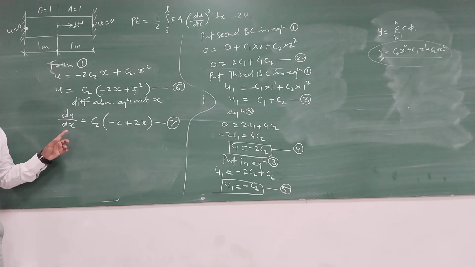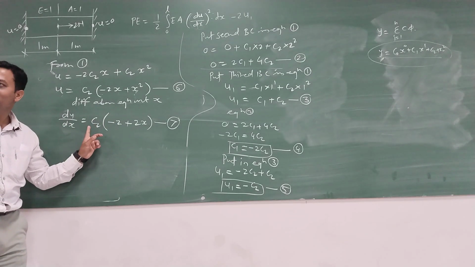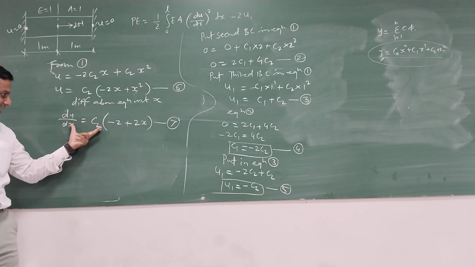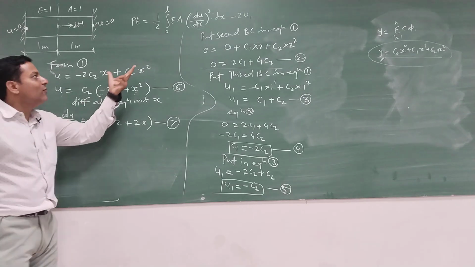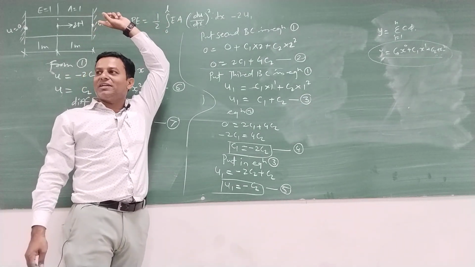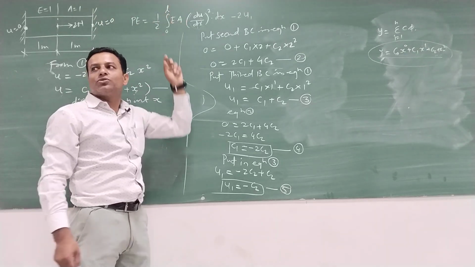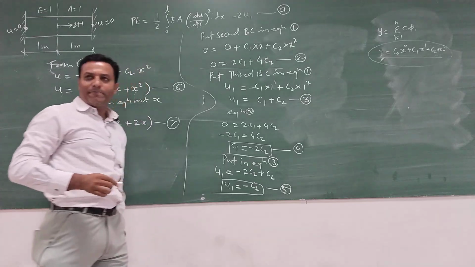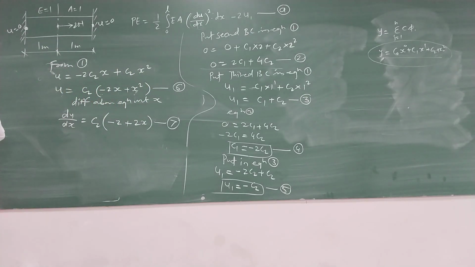Okay, now this equation is in terms of what? C2 and x. So we'll take all the values and put them into this equation. The equation that was given, I'll name it equation A, which is given. Okay, so we are going to modify now the equation.